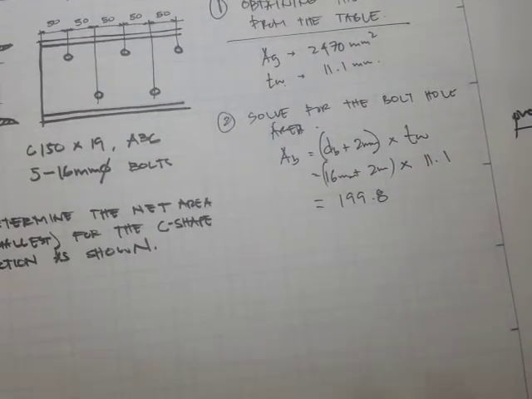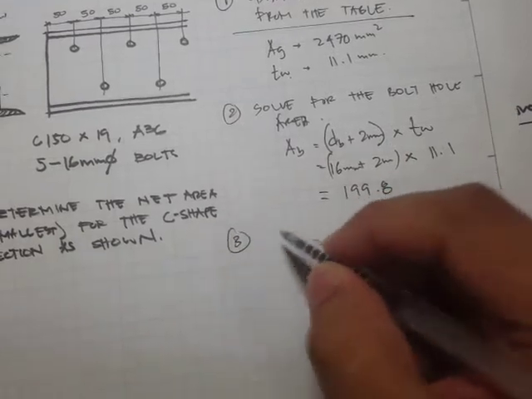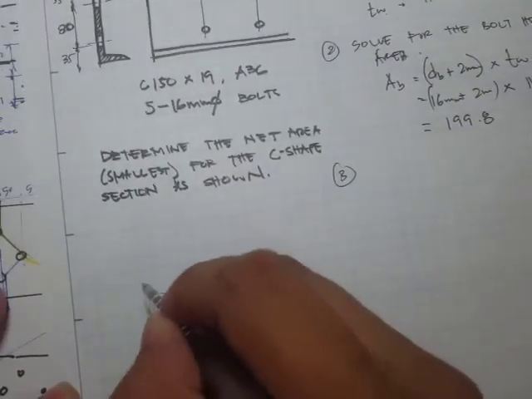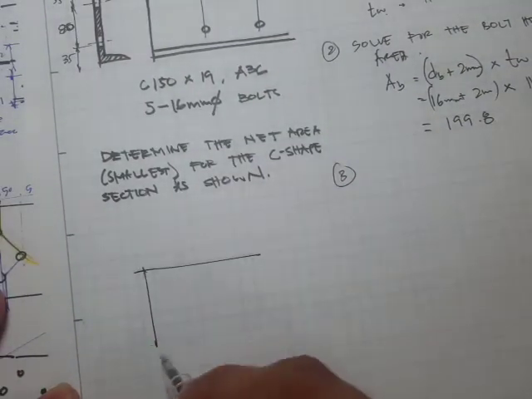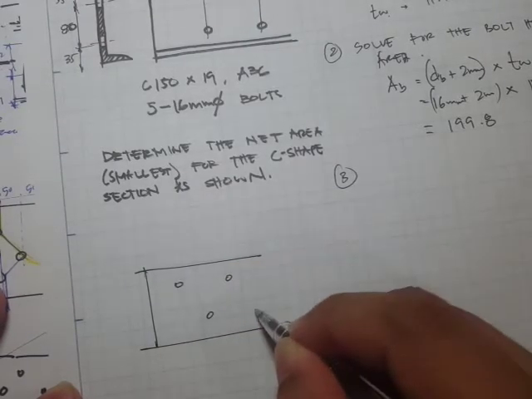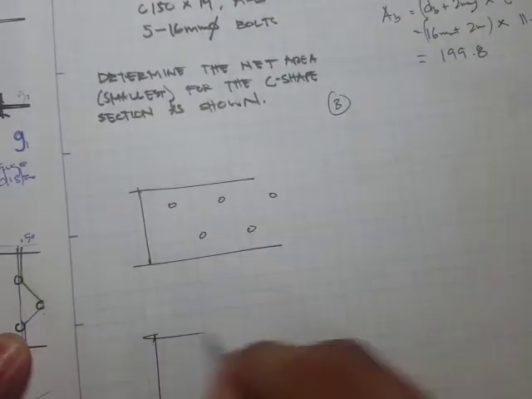Okay, so now let's first evaluate the possible failure paths. Here we can actually have two failure paths.